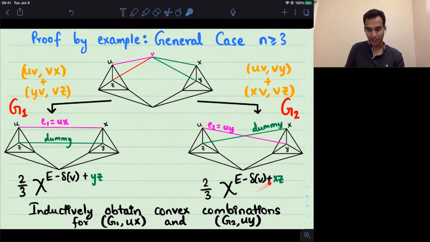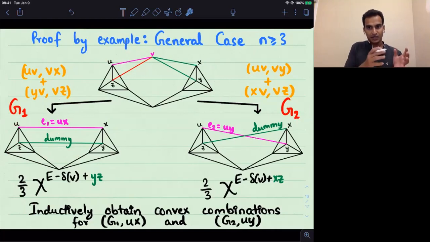Similarly, we have something for G2. So we have obtained convex combinations of two edge connected subgraphs of G1 that correspond to this vector. How can we translate it back to the original graph? Observe that G1 and G are almost similar, except for this particular dummy edge, the green dummy edge.